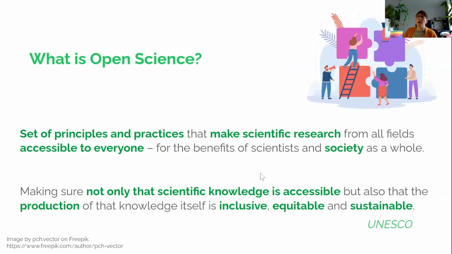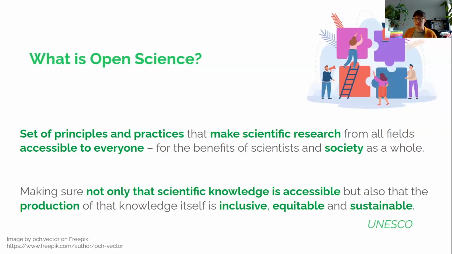In the end, we tend to follow as well what UNESCO has mentioned, or the work that they have done about open science, that in the end is a set of principles and practices. It's not a law. It's not something that is compulsory, but it's a set of principles and practices that make research accessible to everyone, and its main aim is to benefit scientists and society.